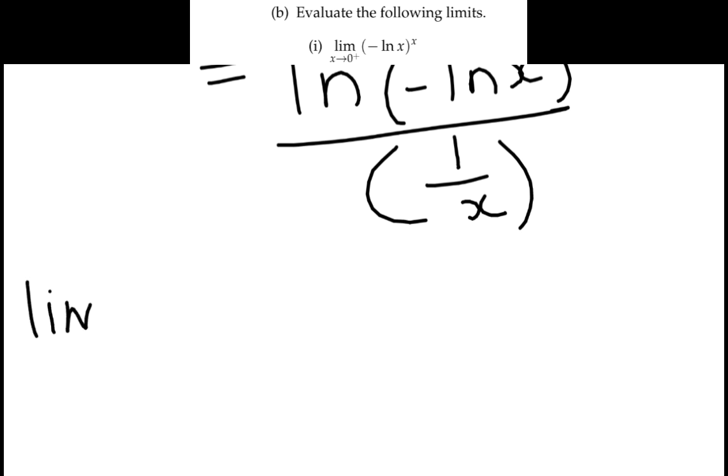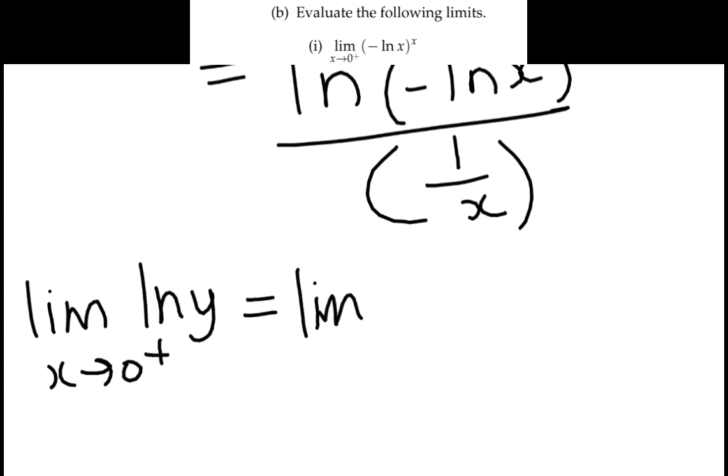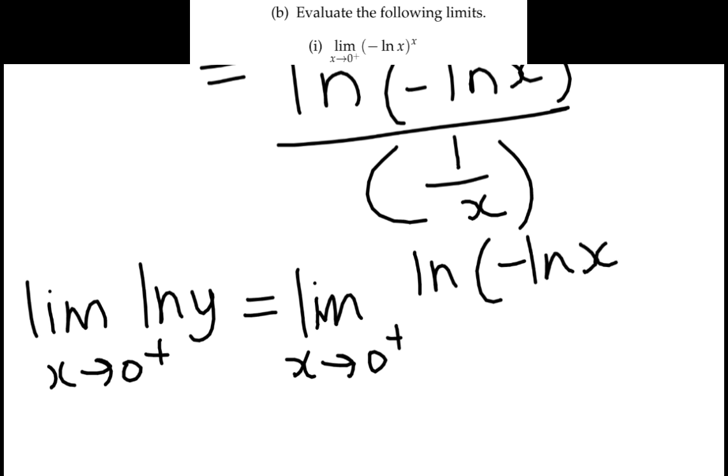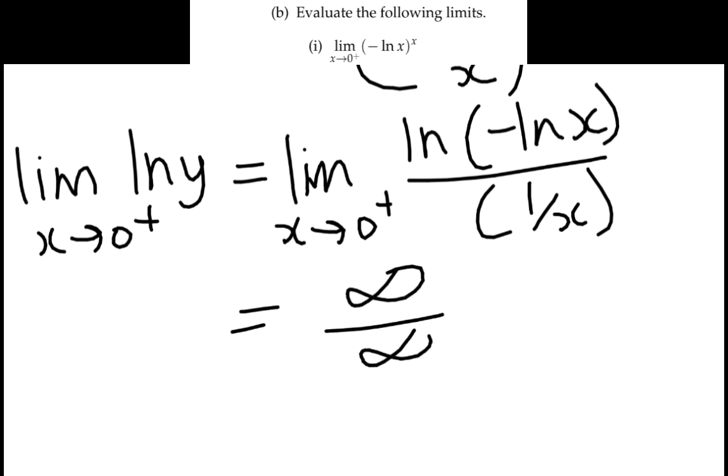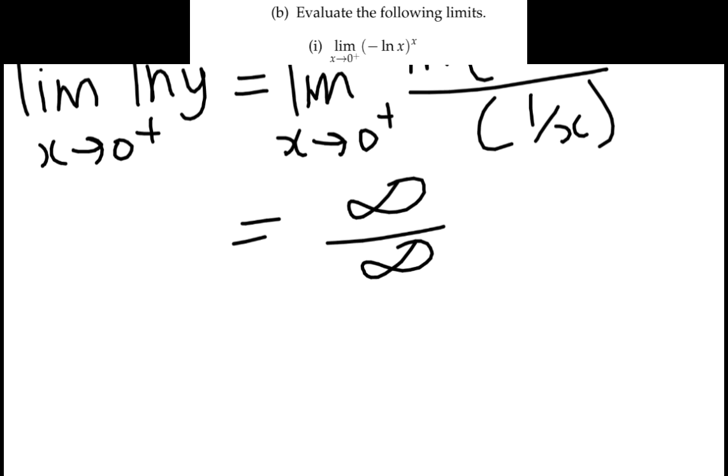So the limit as x approaches 0 from the positive direction of ln y is equal to the limit as x approaches 0 from the positive direction of ln negative ln x over 1 over x. Now notice if you substitute 0 into the numerator and the denominator, you're going to end up with infinity over infinity. So this is what we want.